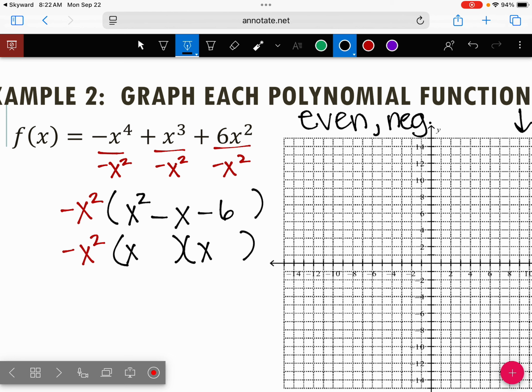Anybody know our numbers that multiply to give us -6 but add to a -1? All right, Jeremy said -3 and +2.